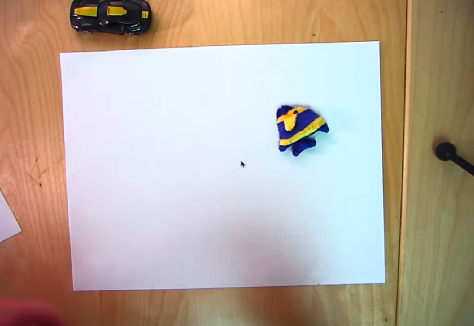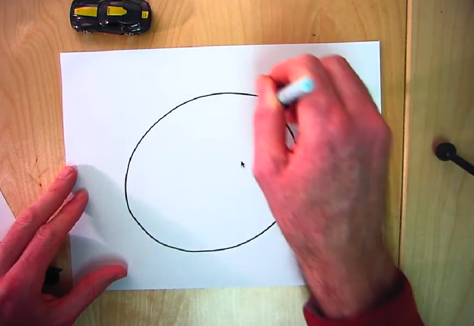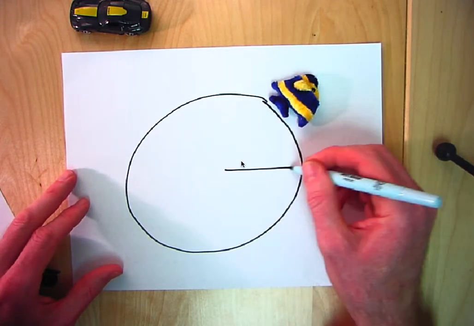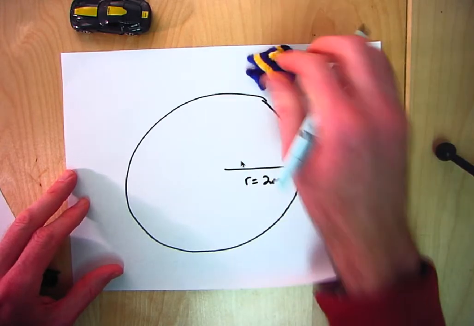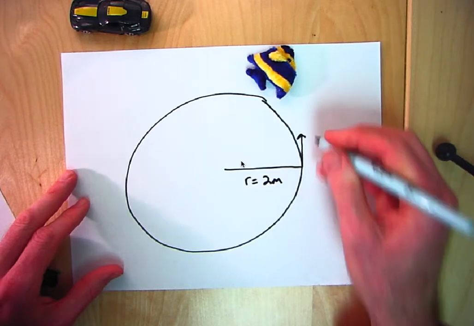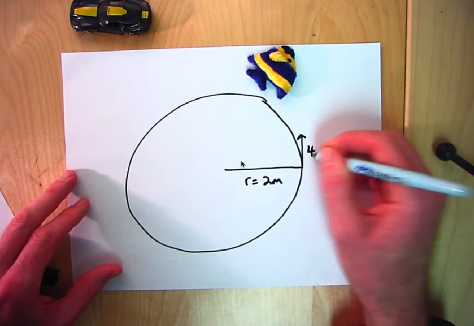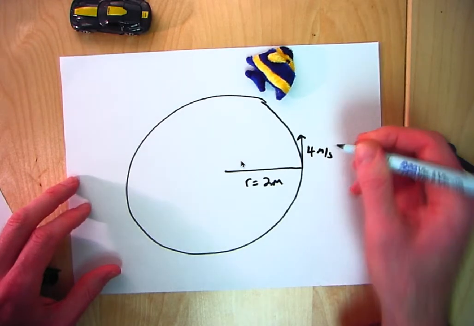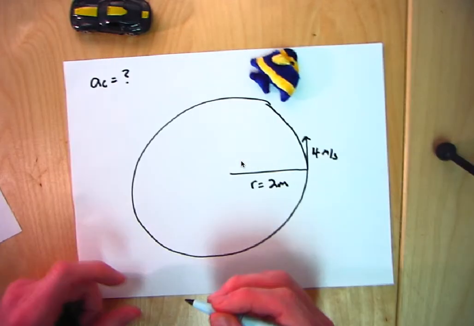So let's say this fishy is going around in a circle like this. We'll just make up some numbers here. Let's say the radius is 2 meters and the fishy is swimming at, we'll make the numbers work out easy, 4 meters per second. So let's figure out what is the centripetal acceleration of the fishy.